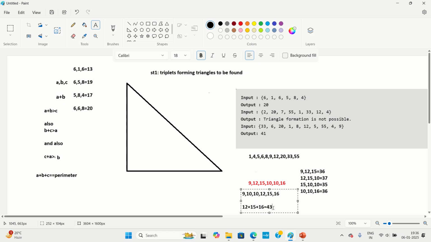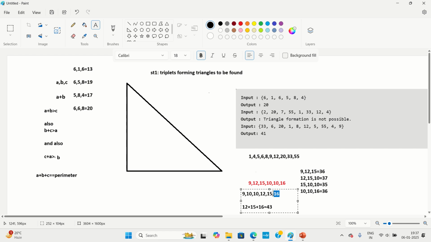So 43 it should return. Here we are quite lucky that we are getting 43 now after sorting. So see, after sorting, the problem became easier. Here also we could have found that 12, 15, 16 is another triplet possible. Right? So 43.